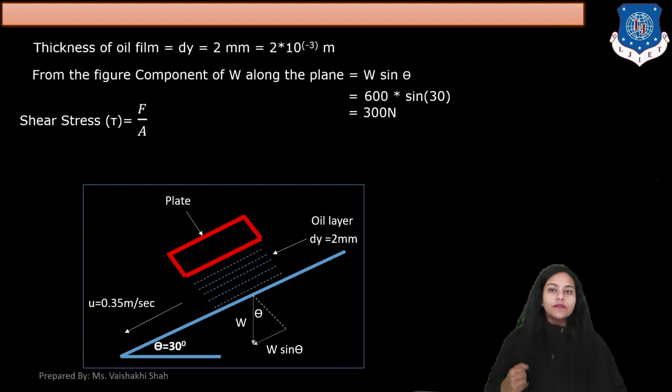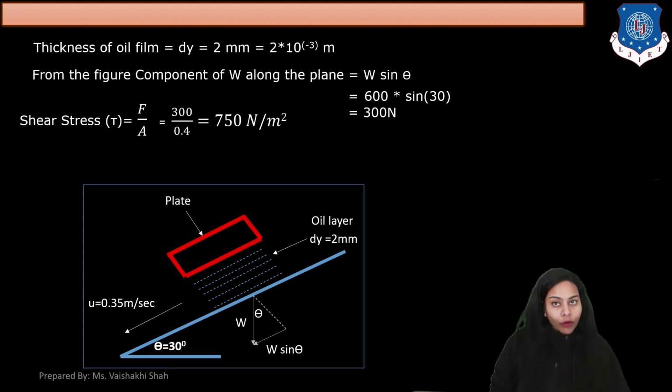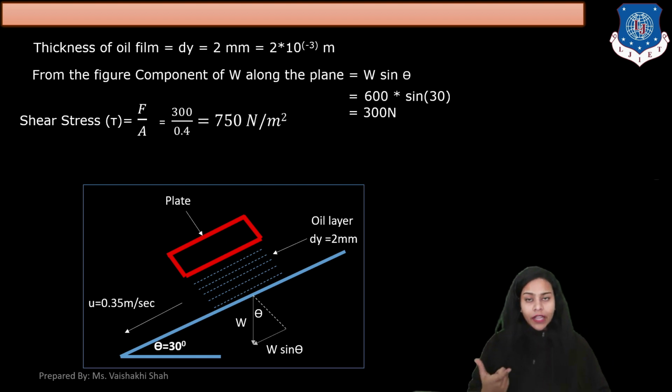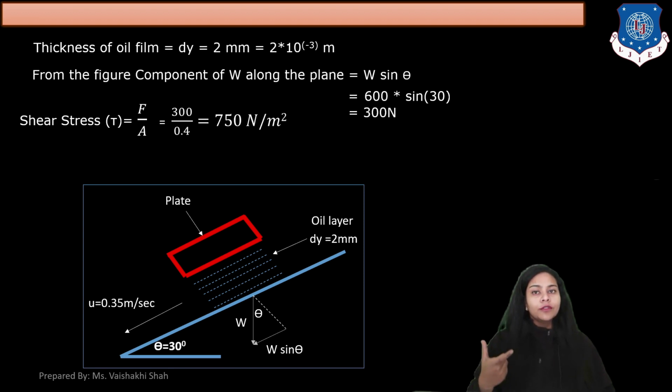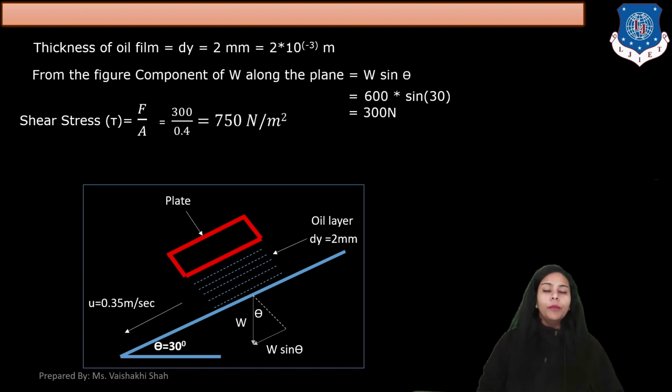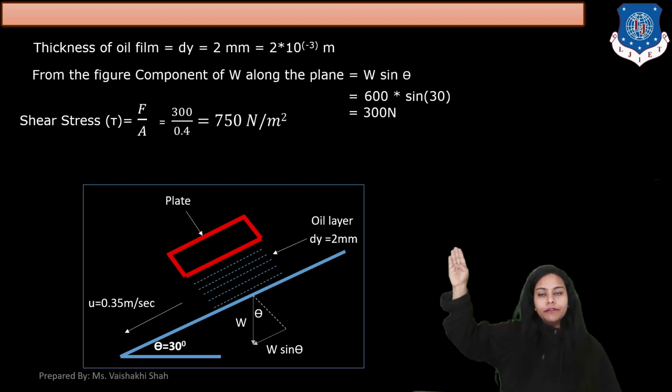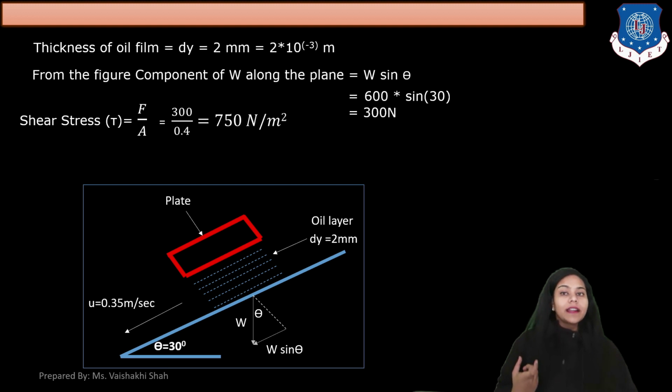Now, as we know, shear stress tau equals force upon area. The force F equals W sin theta, that is 300 Newton, and the area of the plate is 0.4 meter square. So 300 by 0.4 is 750 Newton per meter square, which is your shear stress tau.